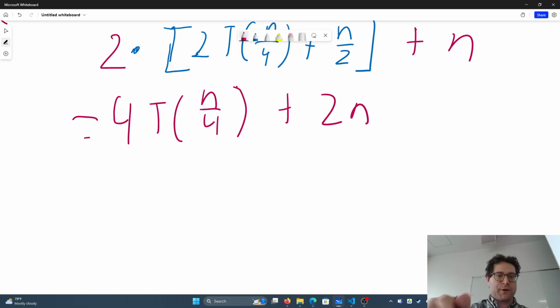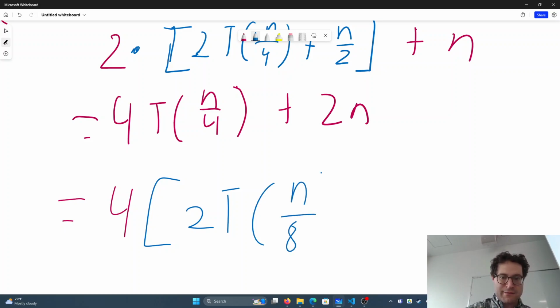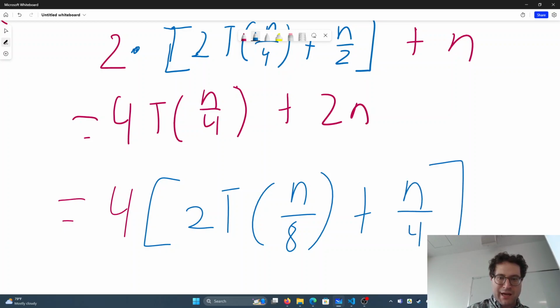Okay, let's go a bit further. Let's do this once more. Won't that just be n then? You'll see in a second. So 4, 2, and now we'll do T. This is going to be 2T(n/8) plus n over 4 to put them together, plus 2n, right?